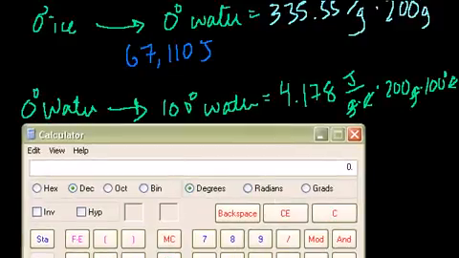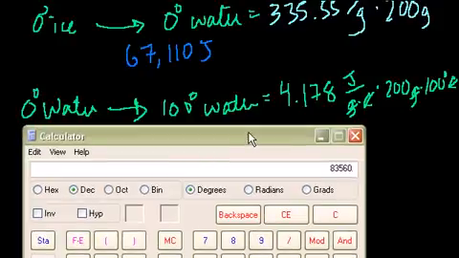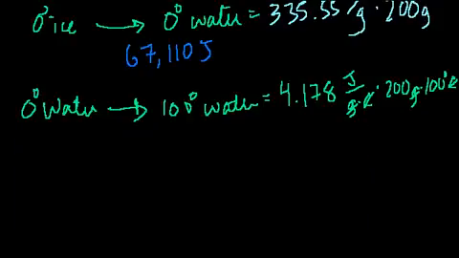Oh, I pressed the negative button instead of the times. 4.178 times 200 times 100 is equal to 83,560 joules. Okay? And does that look about right? Let's see, 4 times 200 is 800. 800 times 100, yeah, that's about right.